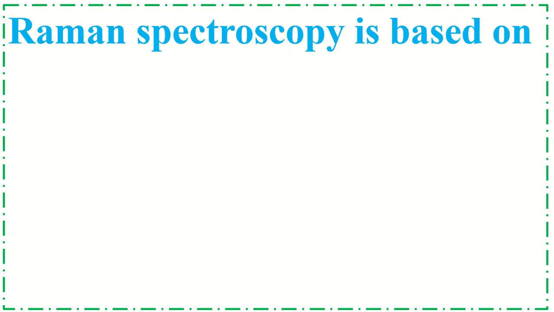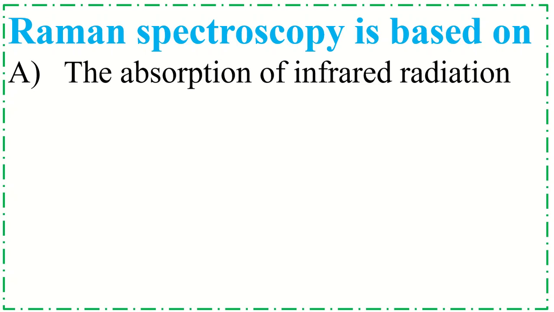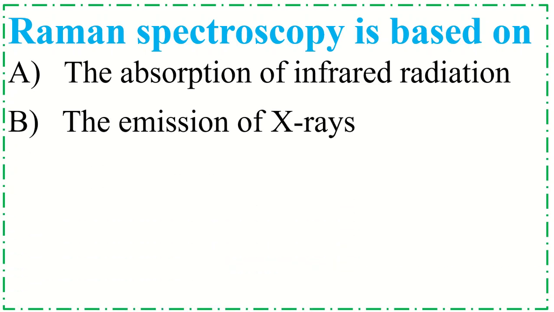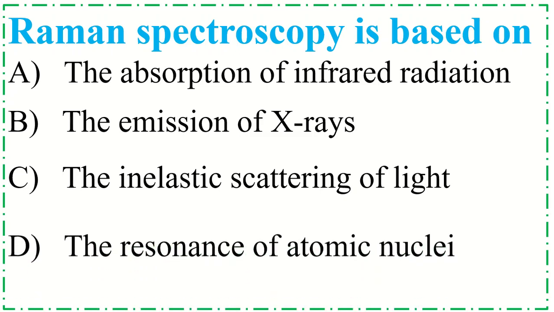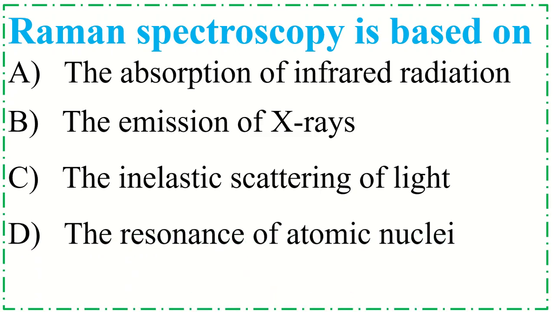Raman spectroscopy is based on: option A, the absorption of infrared radiation; B, the emission of X-rays; C, the inelastic scattering of light; D, the resonance of atomic nuclei.